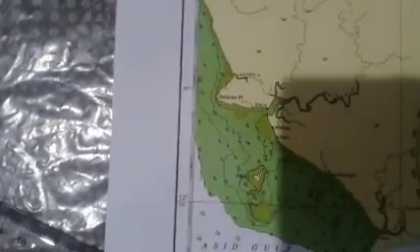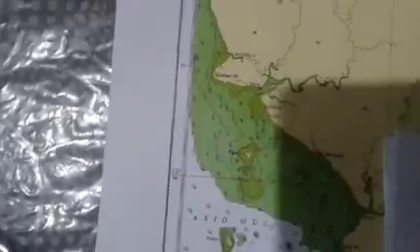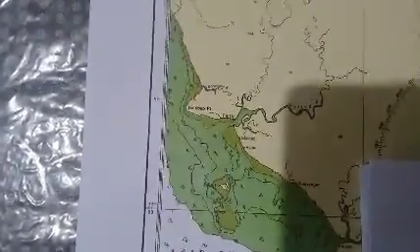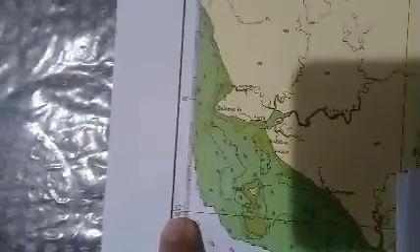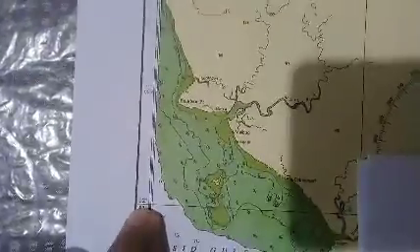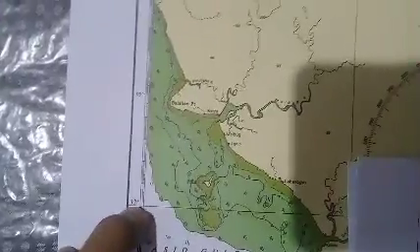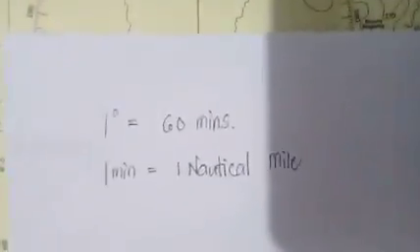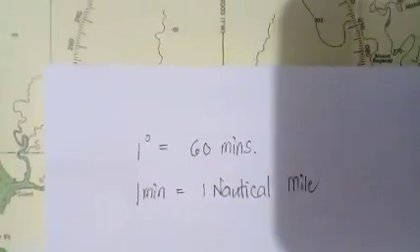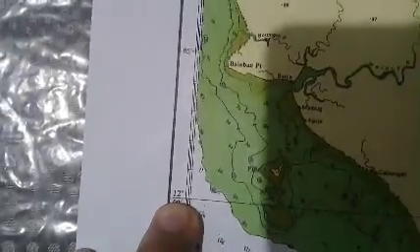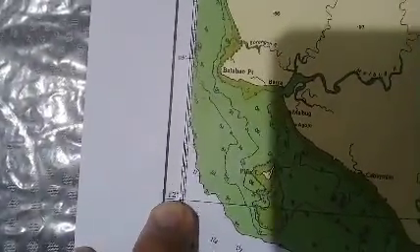We should start with the latitude, since the first given will be latitude, and after it will be the longitude. So you have here 12 degrees, and each degree has 60 minutes, so never forget that. You refer to these writings. So 1 degree equals 60 minutes. As you can see here, this is the start of the 60 minutes of the 12 degrees.